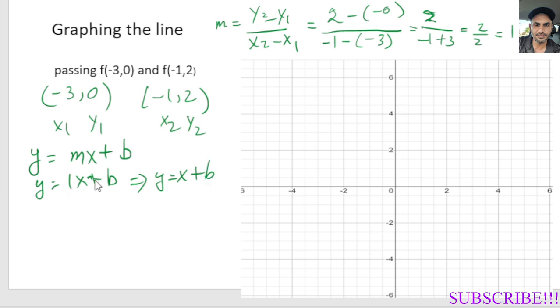Because once there's a 1, we can just leave it out. It's automatically understood that there is a 1 right here. The slope is 1. Now we go ahead and plug in one of the points that we have and solve for b. So I'm going to plug in the first point. So the y value is 0 equals m, which is just 1, and x is -3, plus b.